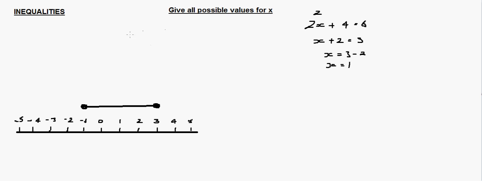So let's say we have x plus 1 is less than 5 and is more than minus 3.